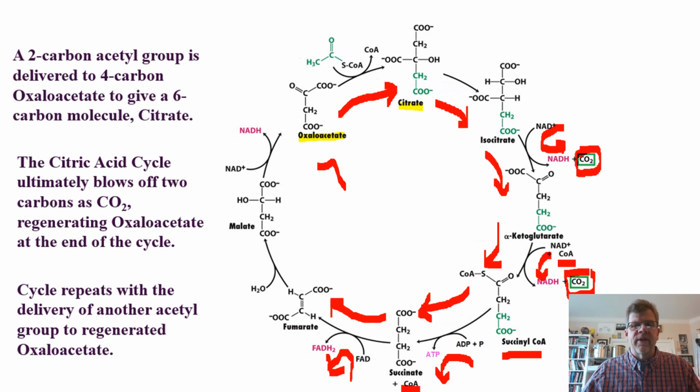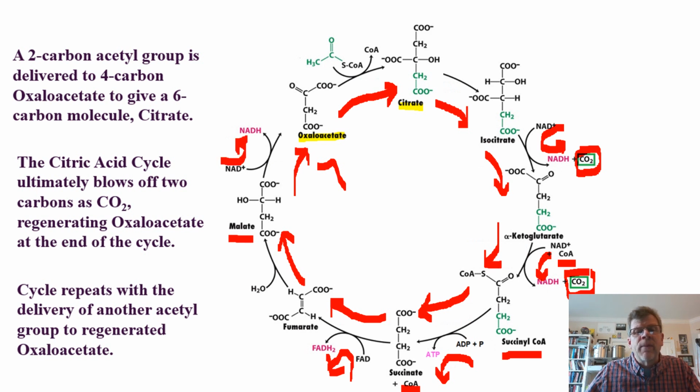We're at fumarate. And in this case, the double bond on fumarate picks up a water molecule, and water distributes over it to form an alcohol. This gives a molecule known as malate. Malate then converts that alcohol to a carbonyl group to reform our oxaloacetate. And in so doing, we drive the formation of NADH from NAD, again, an ATP equivalent.